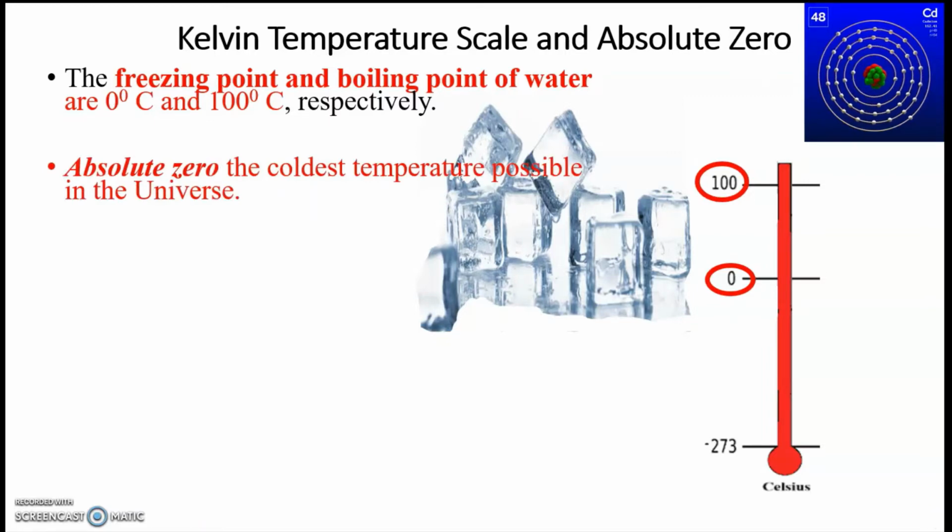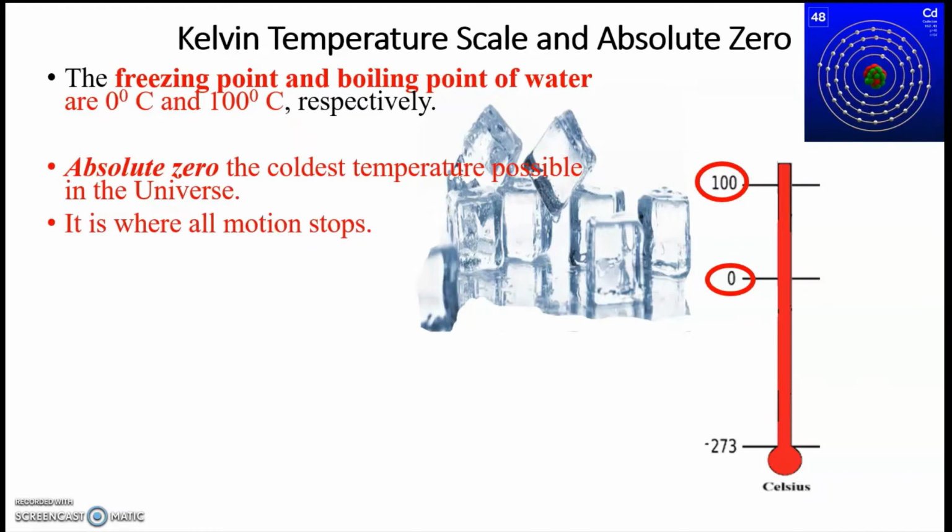Because what we want to talk about now is the concept of absolute zero, which is the coldest possible temperature in the universe. And that sounds a little bit strange. It seems like you could always turn the thermometer down some. But it turns out that since kinetic energy generates motion, kinetic energy generates heat, then if you have less and less kinetic energy, you'll have less and less heat, until finally you get down to no kinetic energy at all.